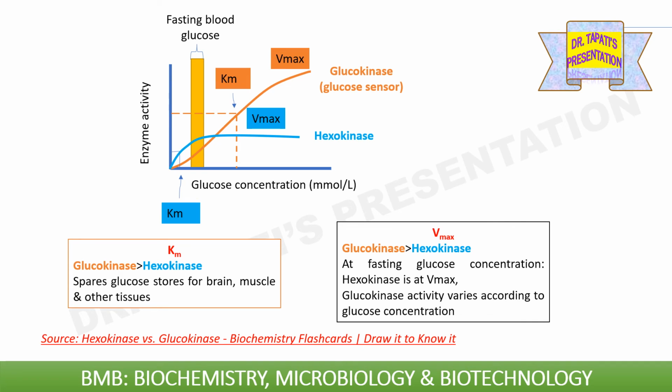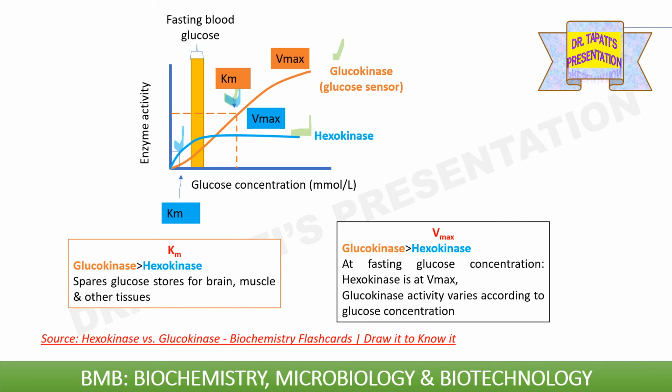From this figure, you can clearly see that Vmax value of glucokinase is very high as compared to Vmax value of hexokinase, and similarly Km value of glucokinase is higher as compared to the Km value of hexokinase. So although they are catalyzing the same reaction, phosphorylation of glucose to glucose 6-phosphate, they work in different ways in different cells.